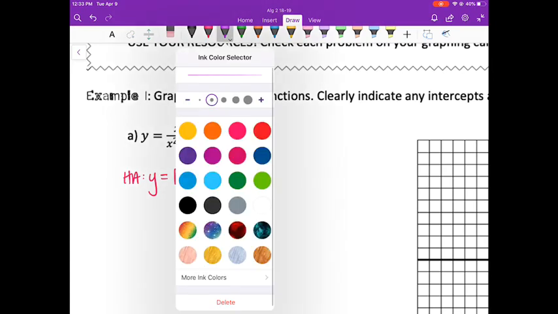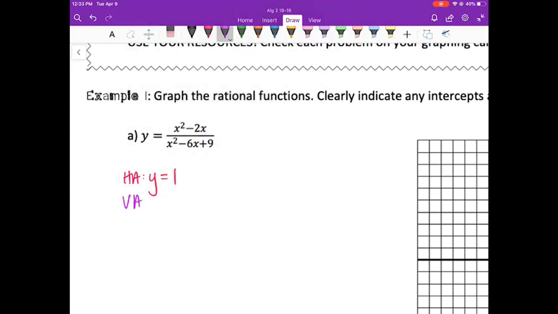Now let's consider our vertical asymptotes. We said to find our vertical asymptote, set your denominator equal to 0. Hopefully we're noticing that we can factor that denominator. It becomes x minus 3, x minus 3.